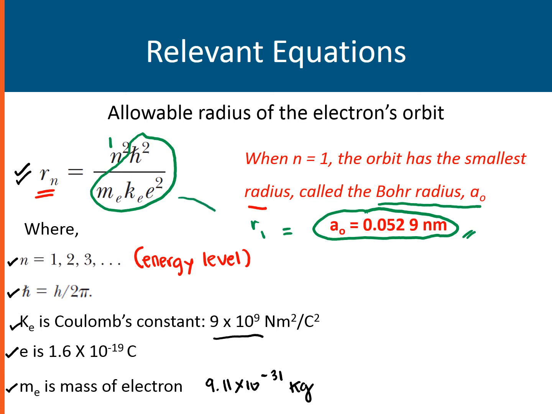Then this tells us that we could express this general formula in terms of r sub n as n squared, the energy level, multiplied by the Bohr radius, or we could say r sub n is equal to n squared multiplied by 0.0529 nanometers.